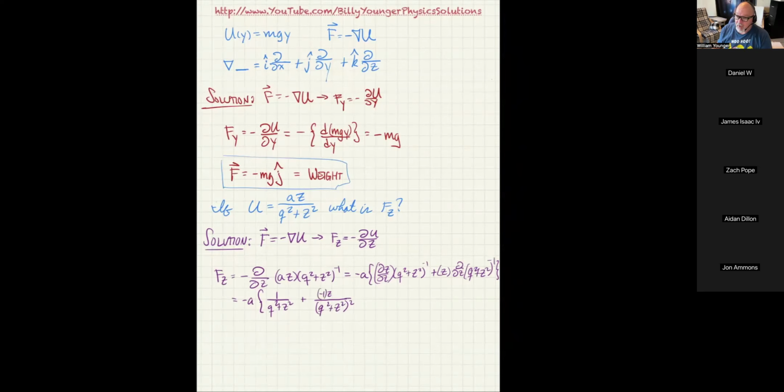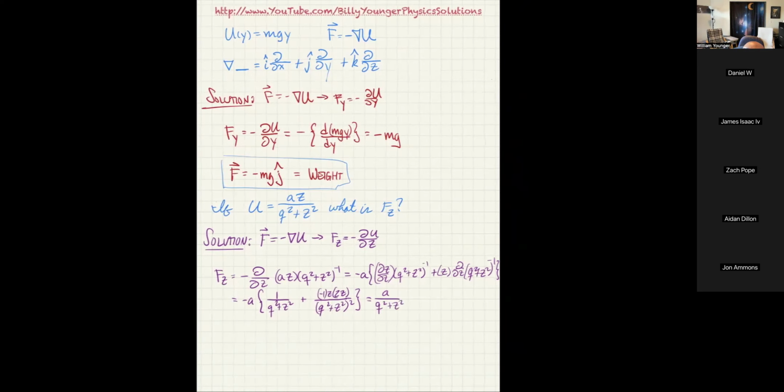Now I also have to use the chain rule, so I take the derivative of q squared plus z squared with respect to z, and that is just 2z. So that's what my total factor is here. I can still leave this a z out front, but I'm going to pull it in instead. And what I get is a over q squared plus z squared.